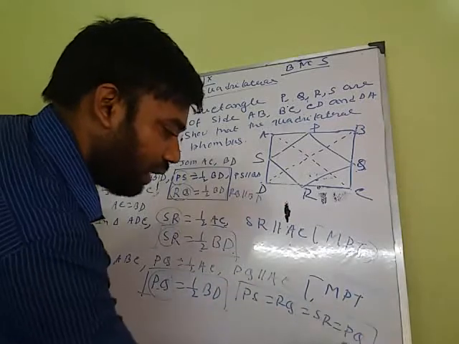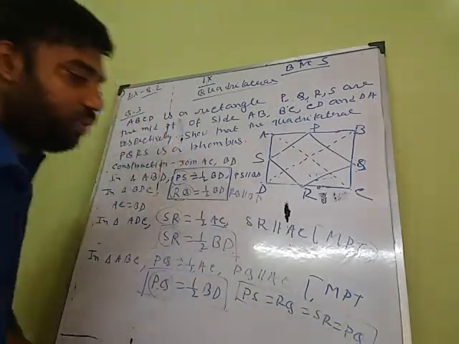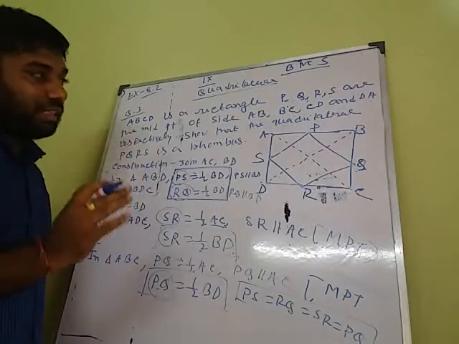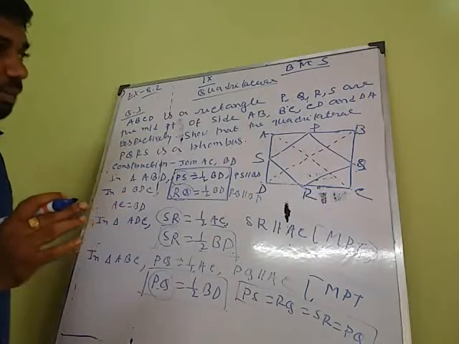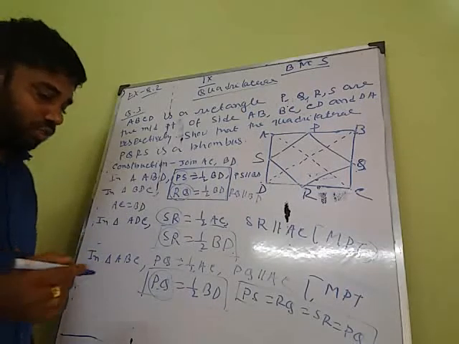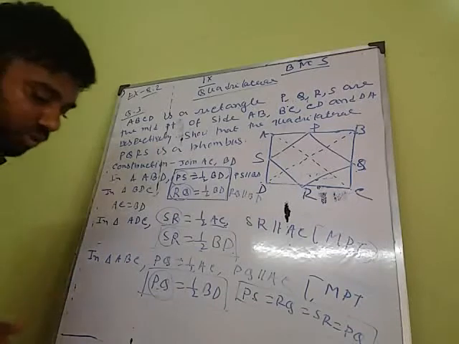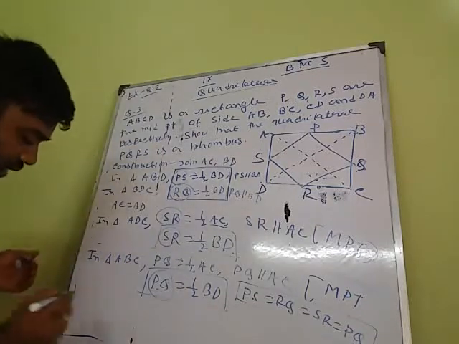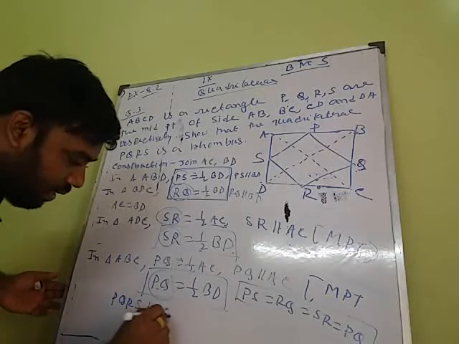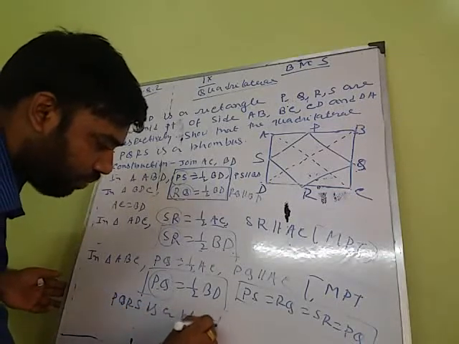So all sides are equal. So PQRS is a rhombus.